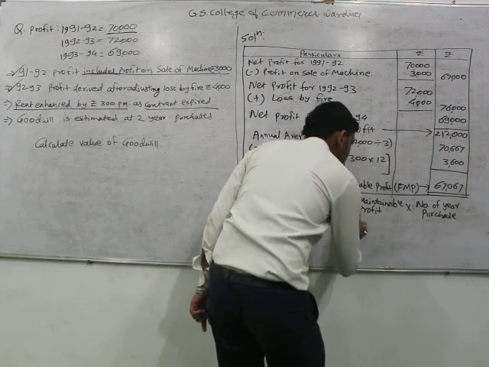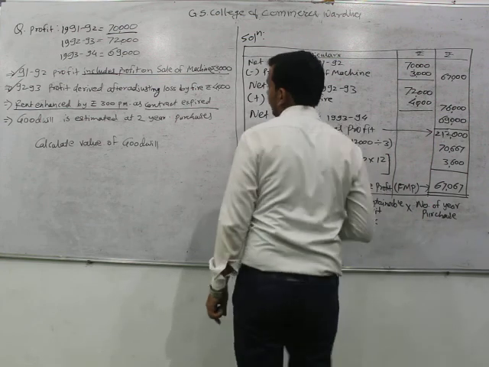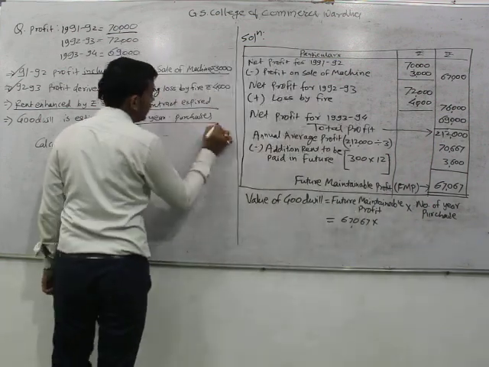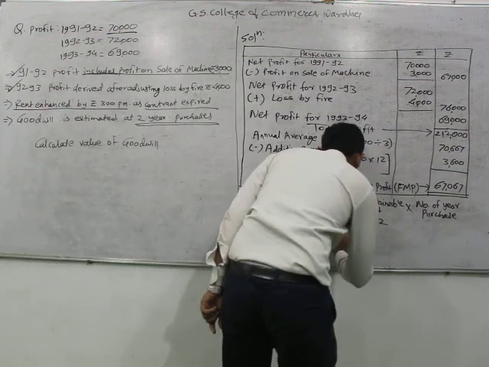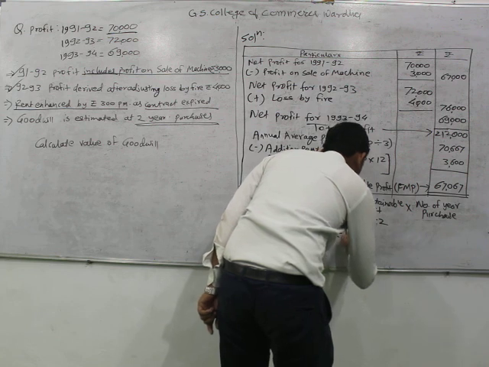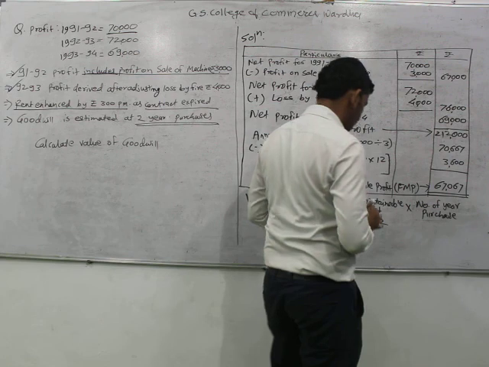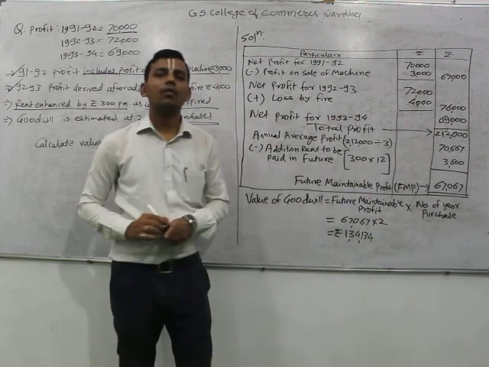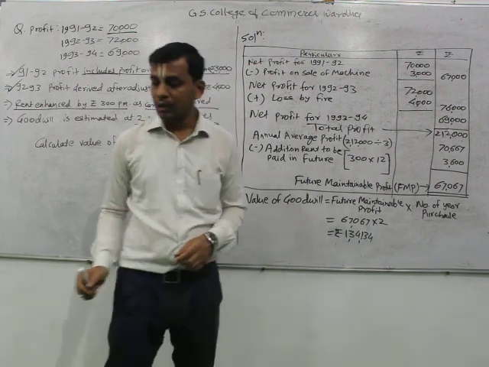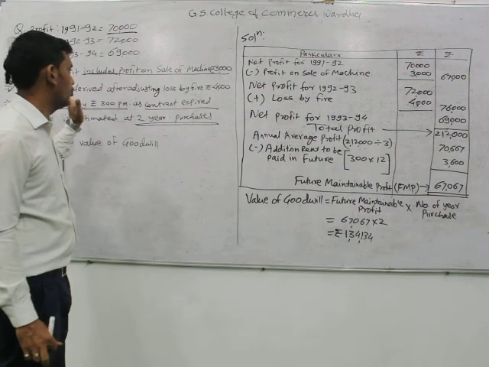Future maintainable profit is rupees 67,067 into number of years of purchase. Here it is given as 2 years, so multiplied by 2. Hence our goodwill would be 1,34,134. Quite a simple method. We can have a quick snapshot of it.